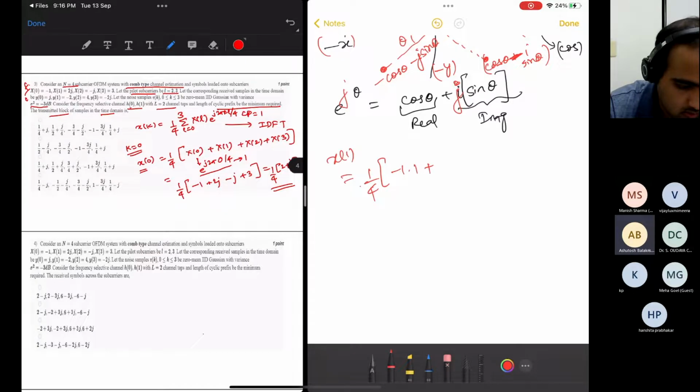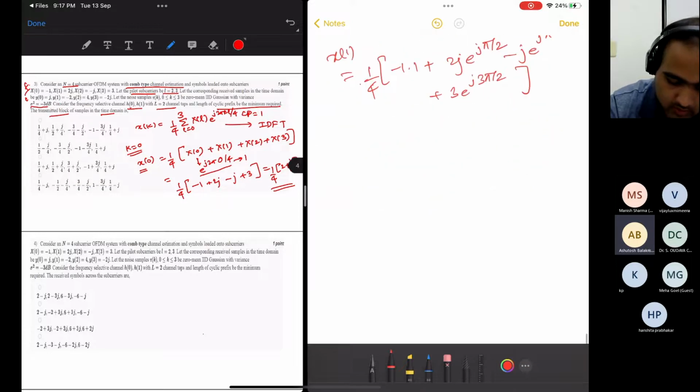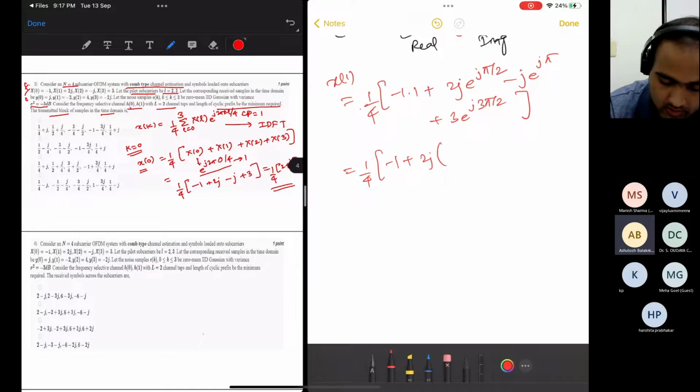I'll just write it again: 2j e to the power j pi by 2 minus j e to the power j pi plus 3 times e to the power j 3 pi by 2. So you have 1/4 of minus 1 plus 2j. Now what is e to the power j pi by 2? This is cos pi by 2 plus j times sin pi by 2, minus j times cos pi plus j sin pi.